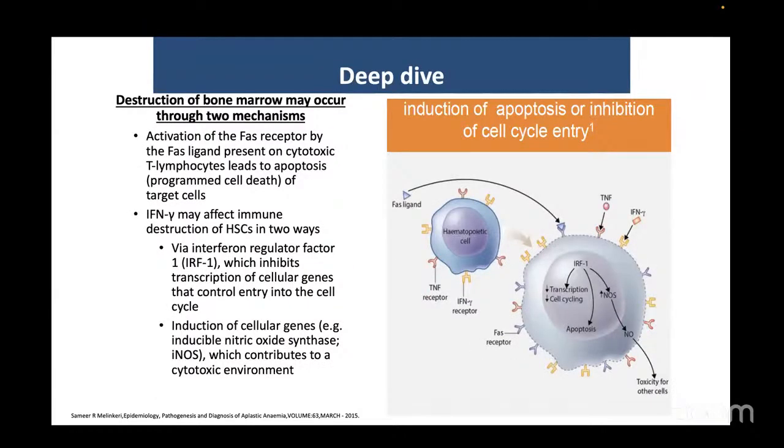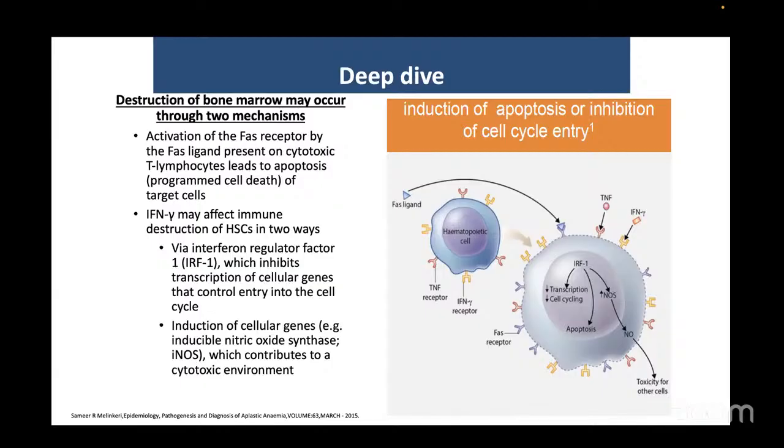To dive deep into the pathology, destruction of the bone marrow may occur through two mechanisms. One is activation of the FAS receptor by the FAS ligand present on the T lymphocytes, which is the apoptotic pathway or the programmed cell death pathway.